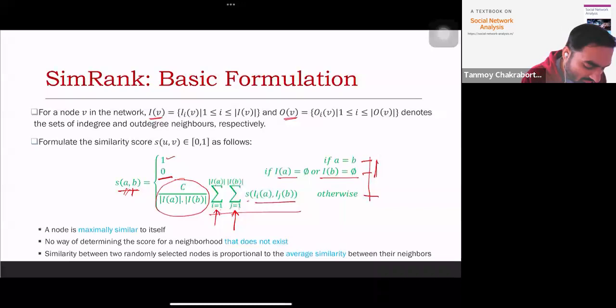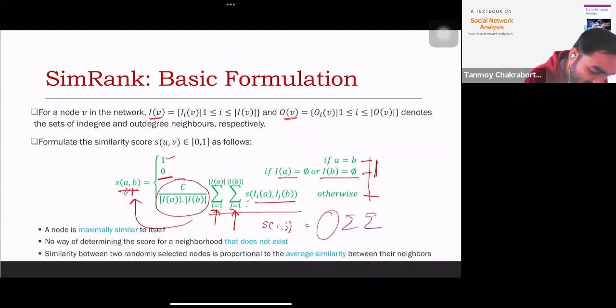How do you measure the similarity of i and j? The similarity of i and j is again defined in this way: you do the same formulation, some constant times the summation of the similarities of i's neighbors and j's neighbors.